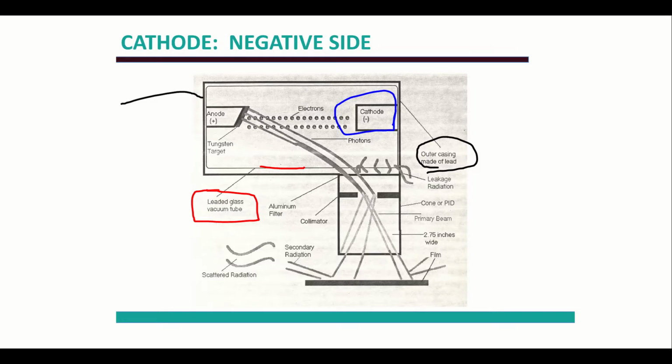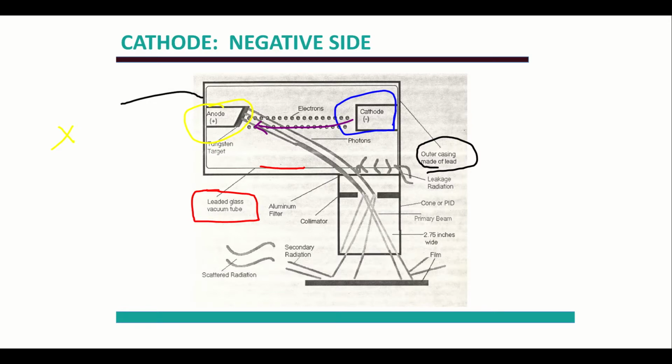We have the positive side of the tube over here, which is where the protons are. When we push the button to take an X-ray, we allow the electrons to leave the cathode, and they shoot over here towards the anode.